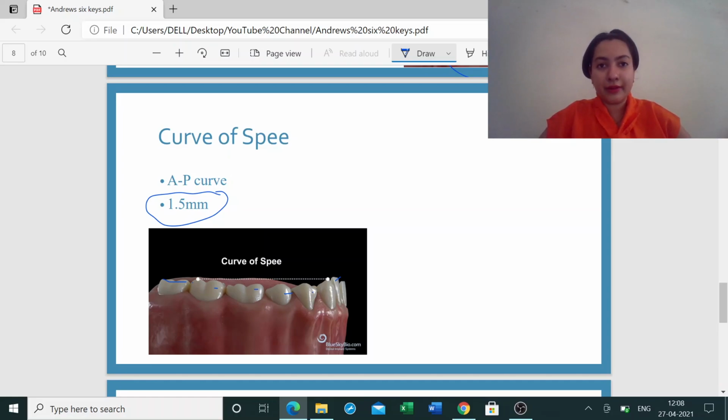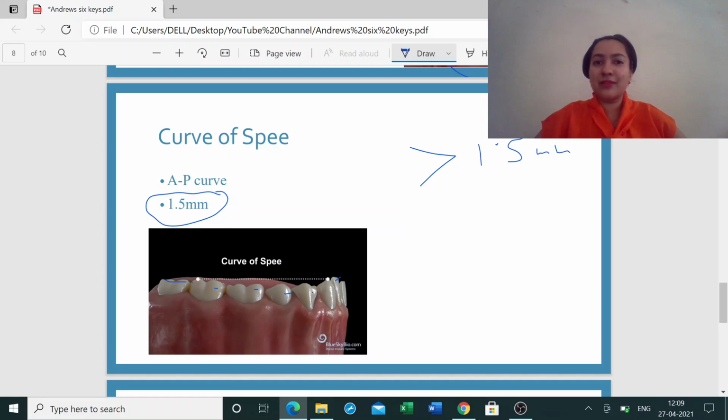You need not correct it. In case my curve of Spee is more than 1.5 mm, anything more than 1.5 mm comes under the category of excessive curve of Spee. There is nothing like more curve of Spee or enlarged curve of Spee. The terminology is excessive. Please be very thorough with such terms.